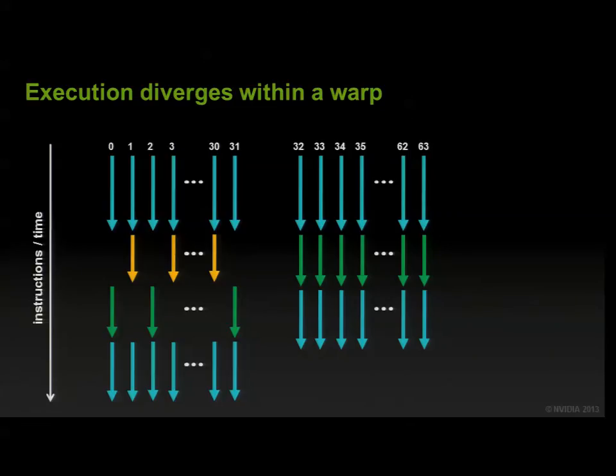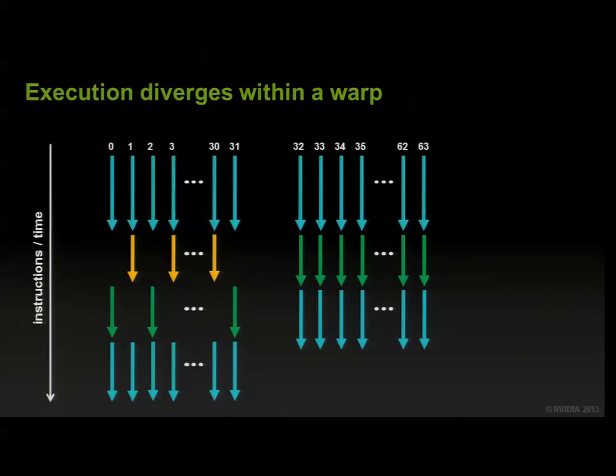So every second thread does something else. Basically, I'm having thread number 0 load A, thread number 1 write out, thread number 0 load, thread number 1 write out, and so on.